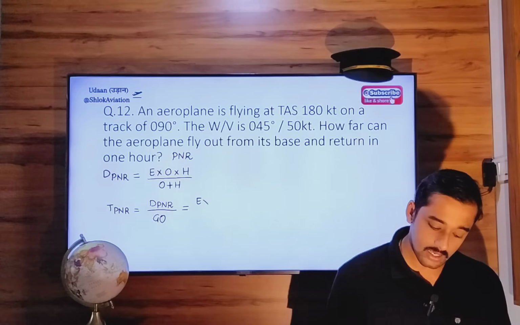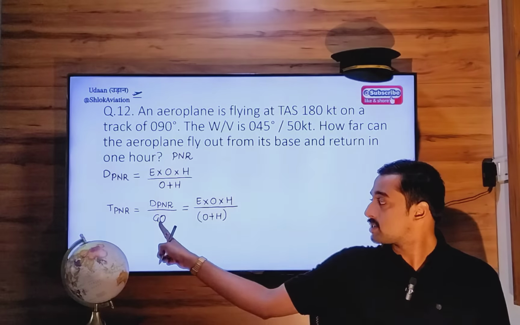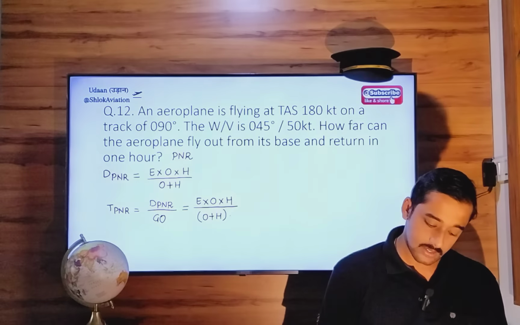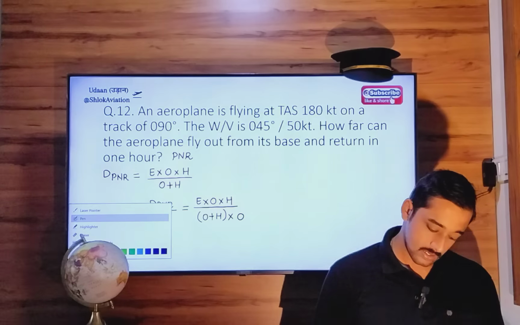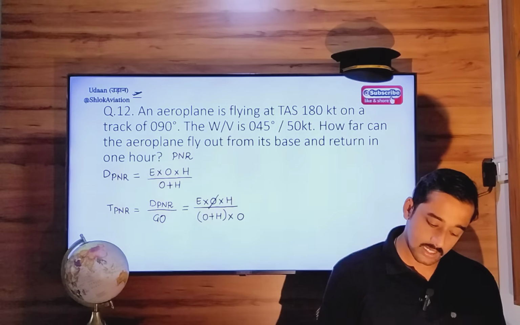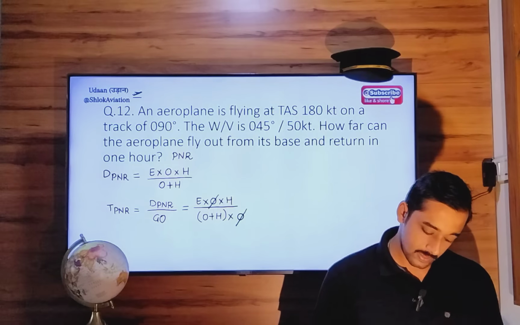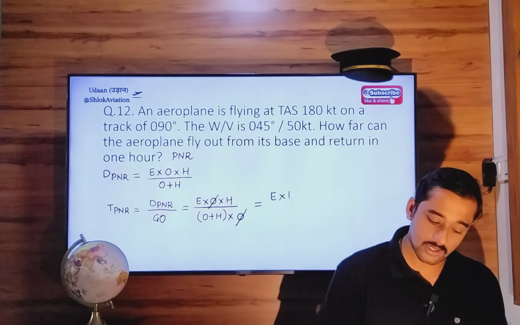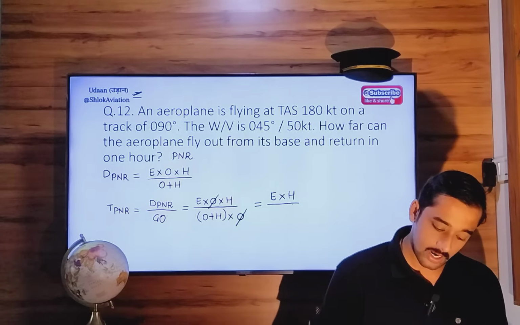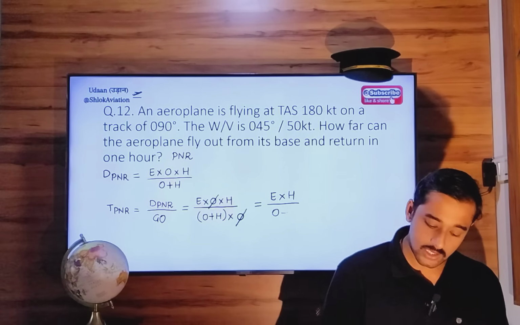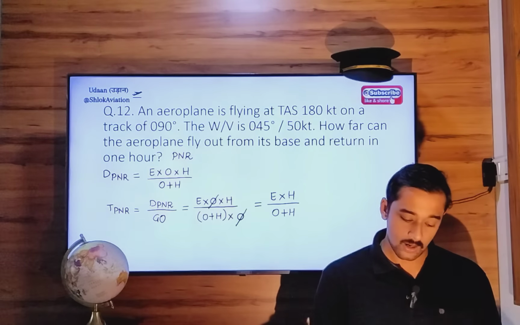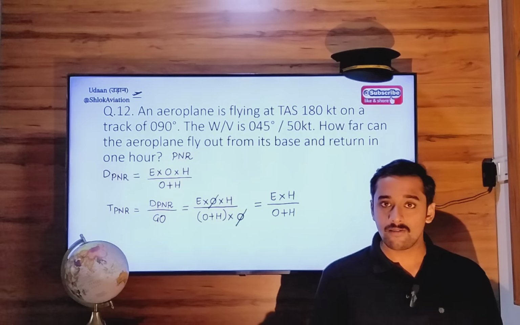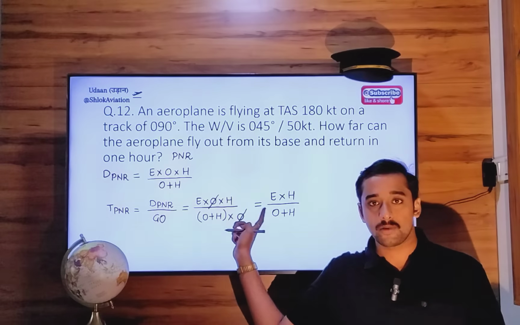It is E into O into H divided by O plus H and this outbound ground speed, right? So this outbound speed gets cancelled. We are left with a residue that time to PNR equals endurance into homebound speed divided by outbound plus homebound.